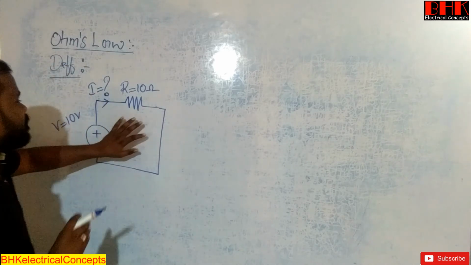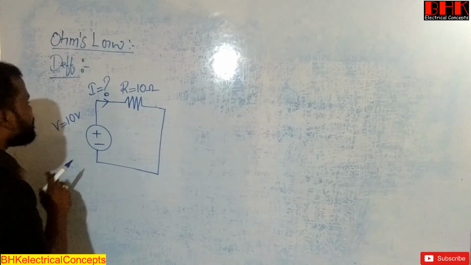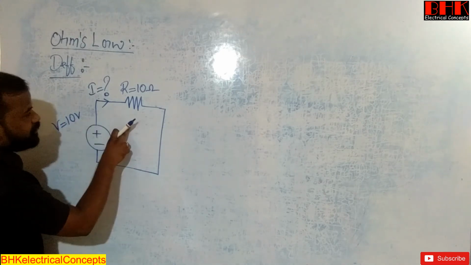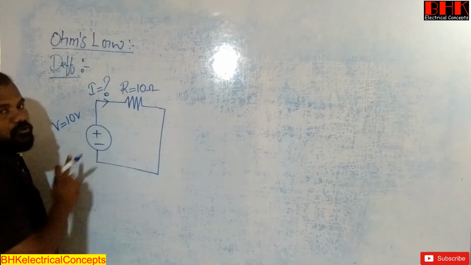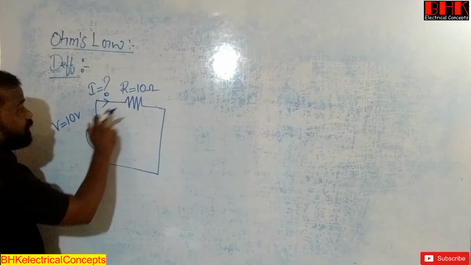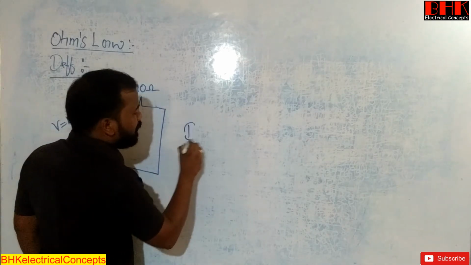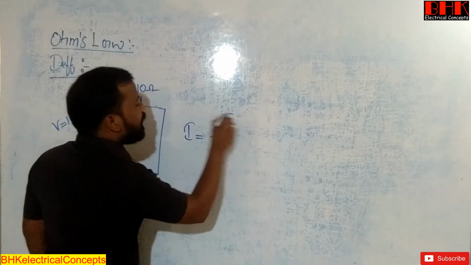For example, this is a circuit we are taking. We apply some voltage to the circuit, and the circuit has a resistance R equal to 10 ohms. To calculate the current, the formula is I is equal to V divided by R.